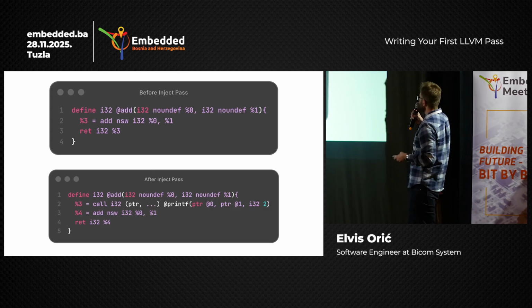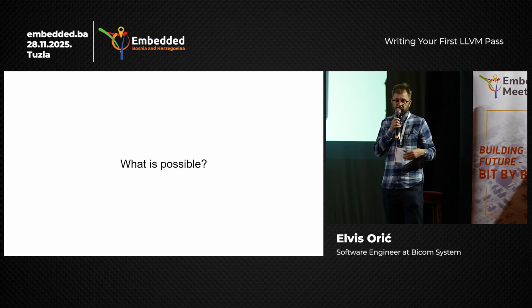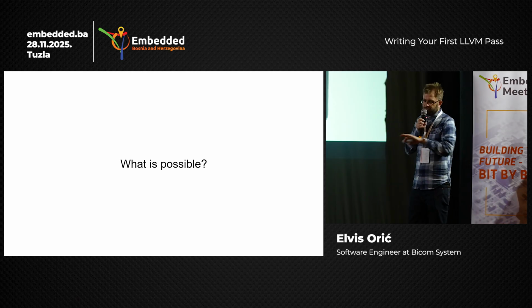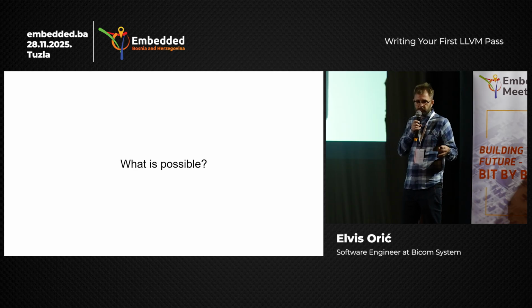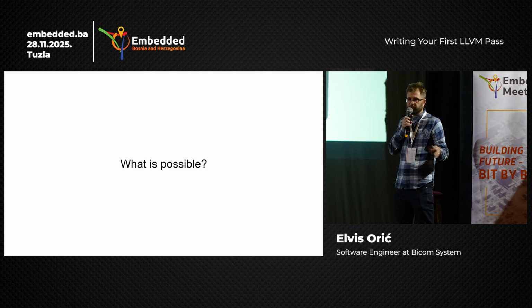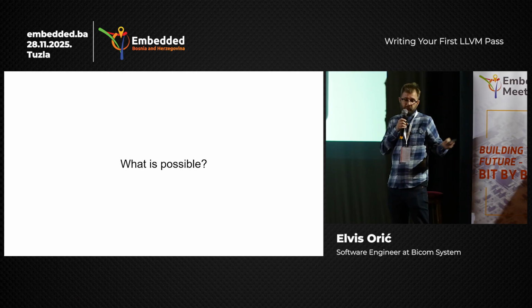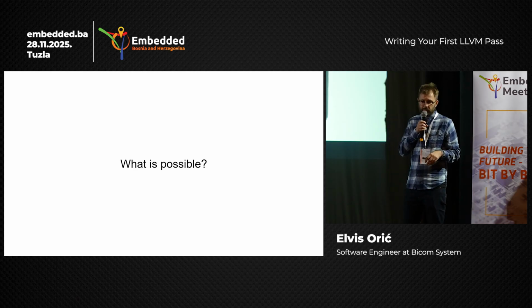Or we can inject functions that will be run at runtime, like this printf, to check some conditions in the environment where we run. For example, if we don't want our binary to be debuggable, we can inject checks. If someone is running a debugger on top of this, we can choose to crash our application or something similar.